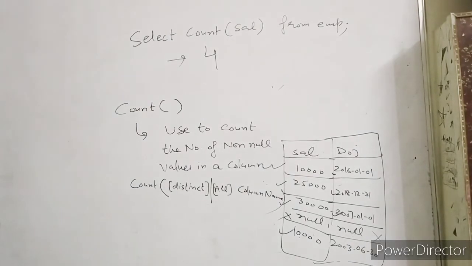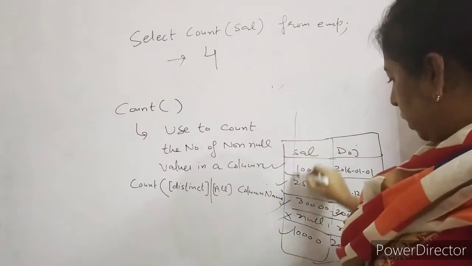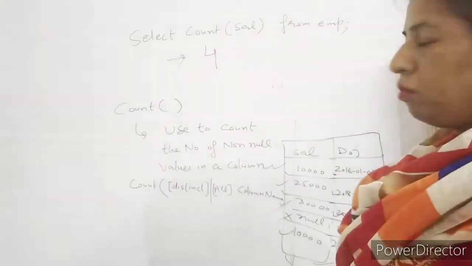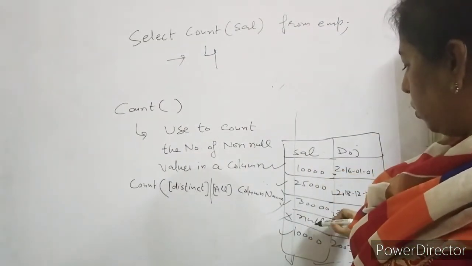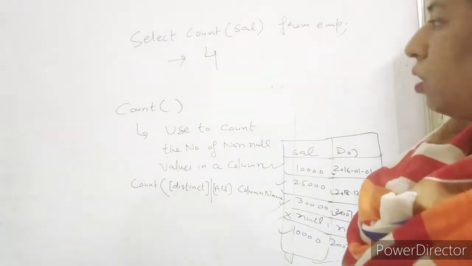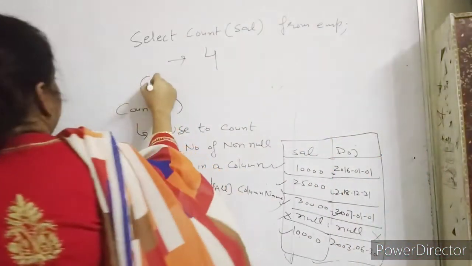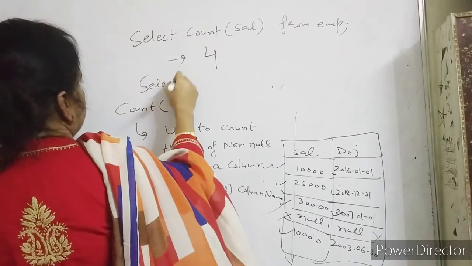Count the non-null values in the particular column. If I write count salary, it means you check only the salary column. How many non-null values? 1, 2, 3, 4. Ignore this value.